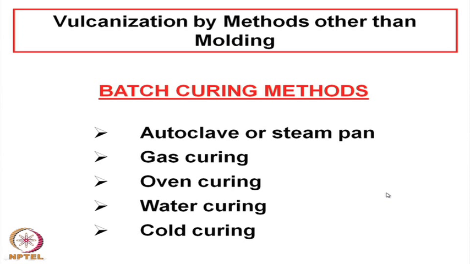Then let us look into the next topic. I have discussed till now the composition of a rubber product, and I have explained the basic roles of the ingredients or additives used in rubber products. Now, the next step after compounding of such additives with the rubber is fabrication, giving shape to the item, and then it needs to be vulcanized or cross linked.